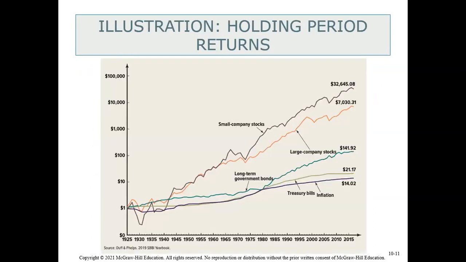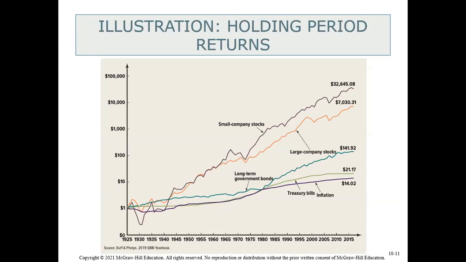And that's the illustration that was created. So the holding period returns. So what this graph is saying is if you invested $1 back in 1925, 1926 in small company stocks, in 2000, I think that's supposed to be around 2018, it would be worth $32,645.08.